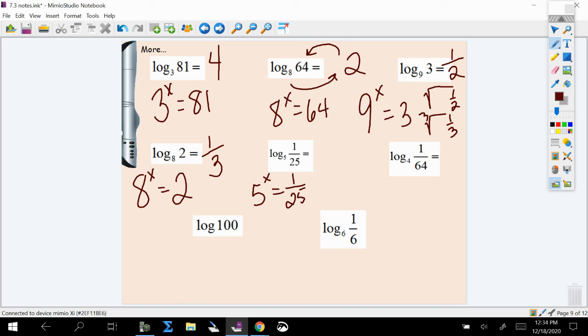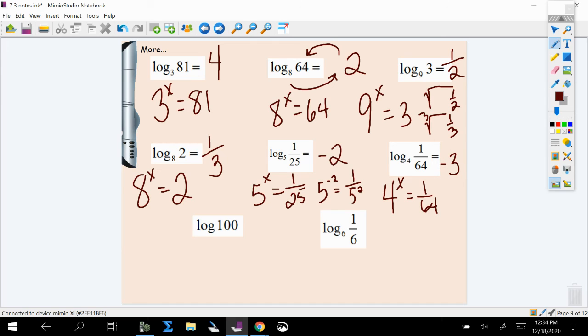But because that 25 is in the denominator, your answer is actually the -2 power. So 5 to the -2 power is the same as saying 1/5 squared, which is 1/25. Same idea with the next one. 4 to what power equals 1/64? Well, it moved to the bottom, so it must be a negative power. And to go from 4 to 64, we cube it, so that would be the -3rd power.